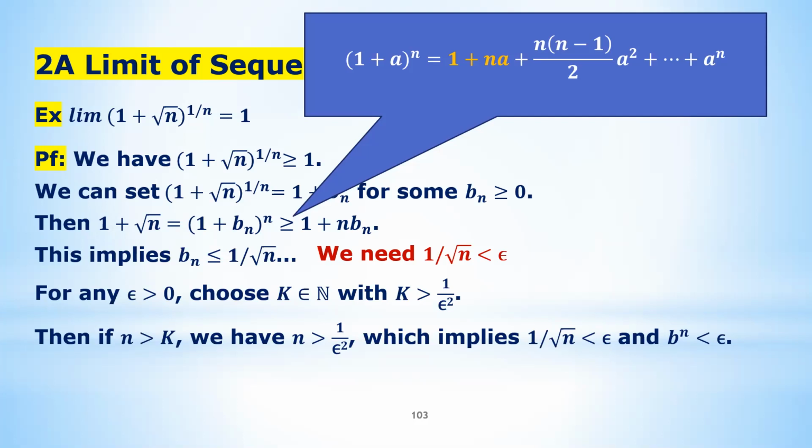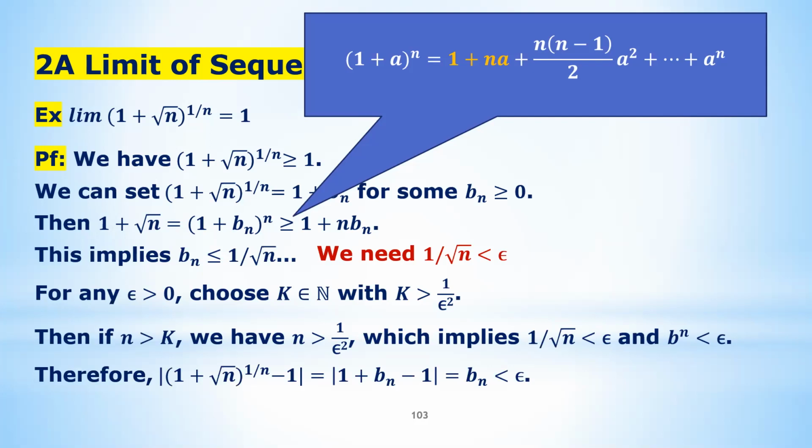So this gives us 1 over square root n is less than epsilon. By the previous argument, bn is less than epsilon. That will be sufficient because the final inequality says this expression minus 1 is exactly equal to bn, less than epsilon. So that's how to prove it.